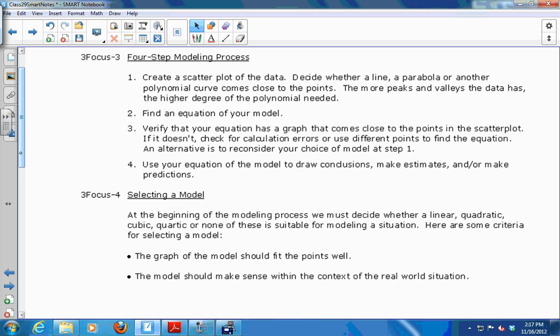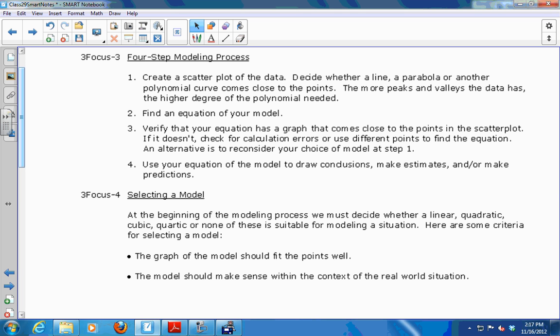Okay, so we have a 4-step modeling process. One is to look at a scatter plot of the data. You just look at it, see what it looks like. And you say, should I use a line or is this data more curvy, right? If it's more curvy, you can use a quadratic or a cubic or a 4th degree polynomial, which we call a quartic.